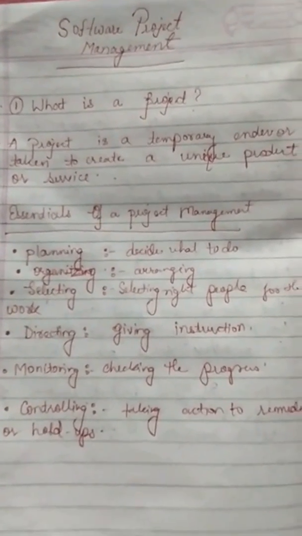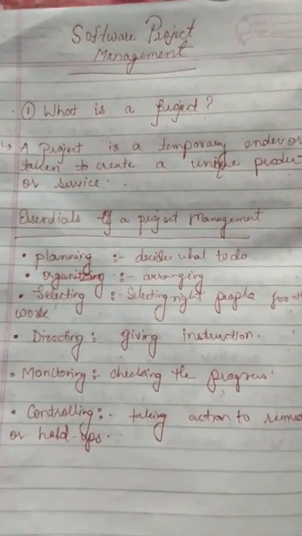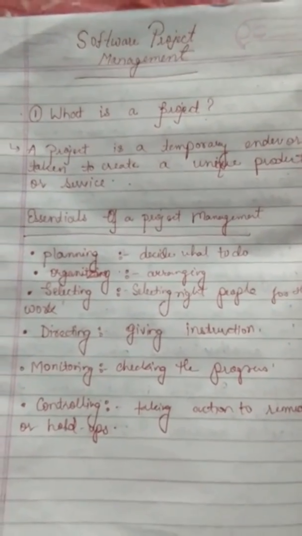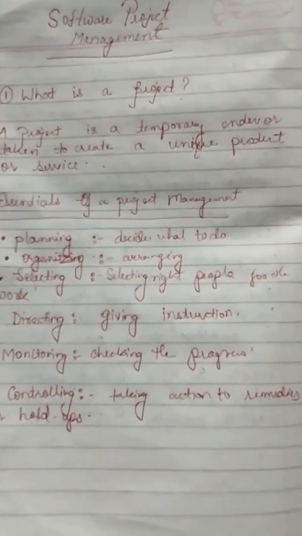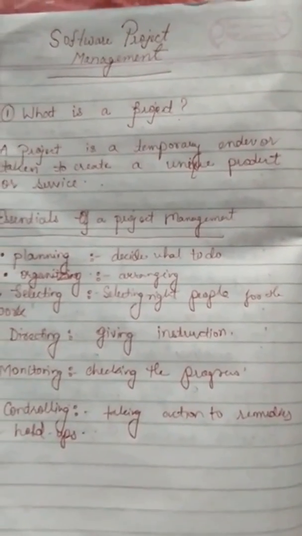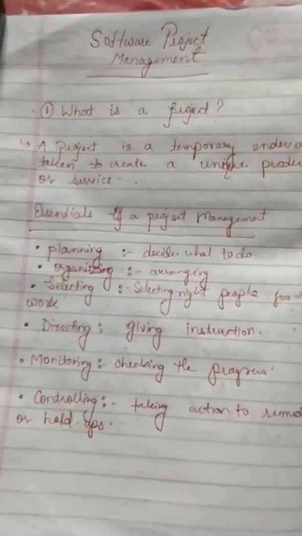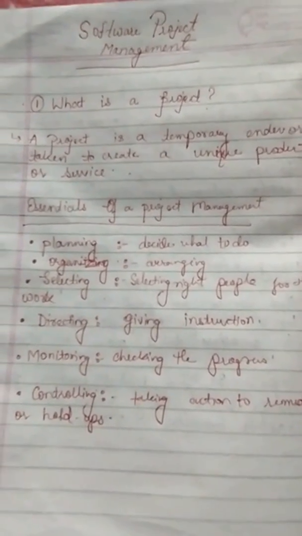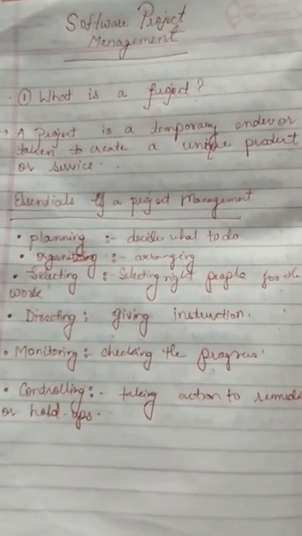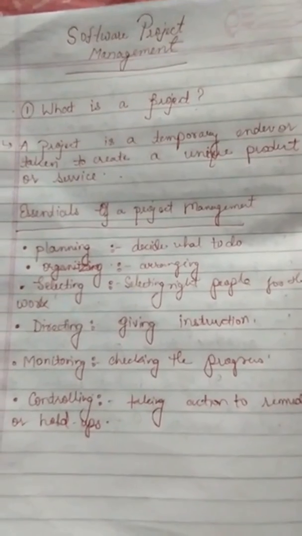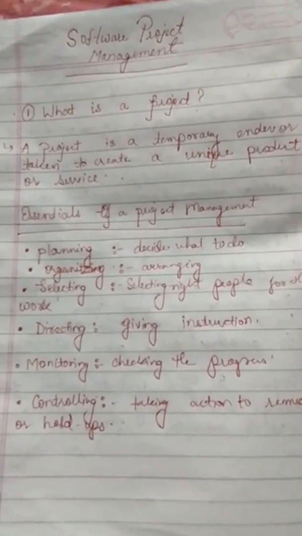Now we move towards the essential attributes we need for effective project management. The essentials of project management are planning, organizing, selecting, directing, monitoring and controlling.